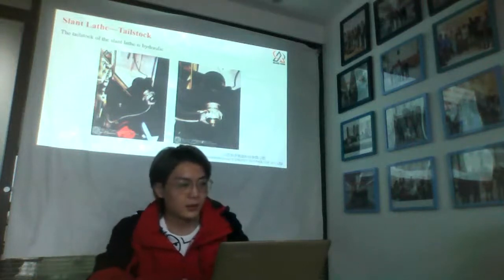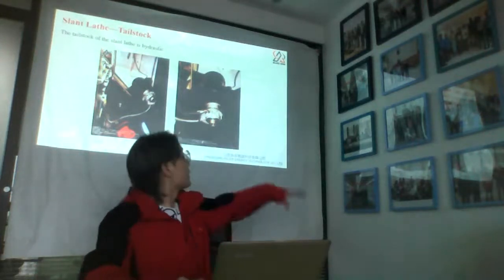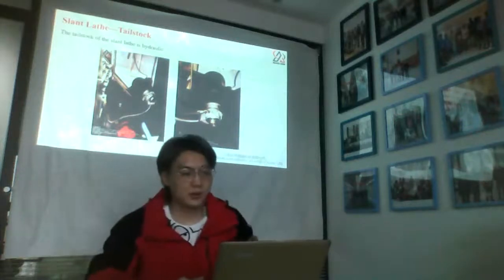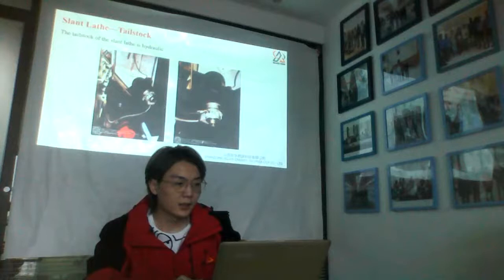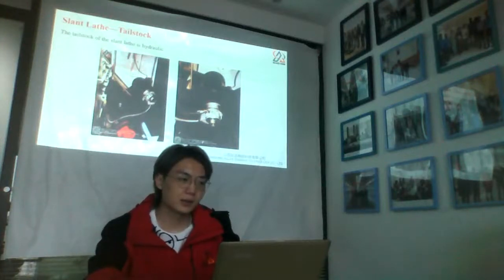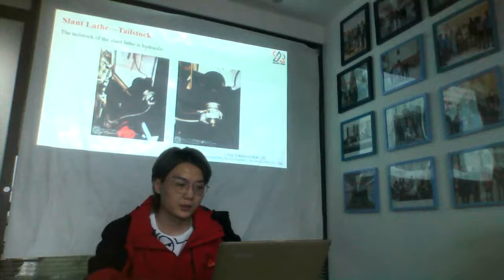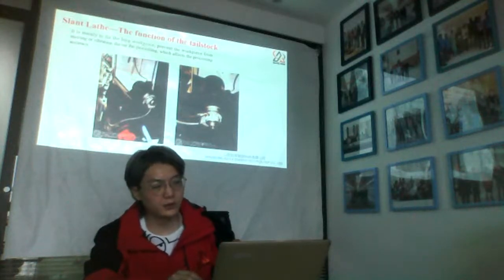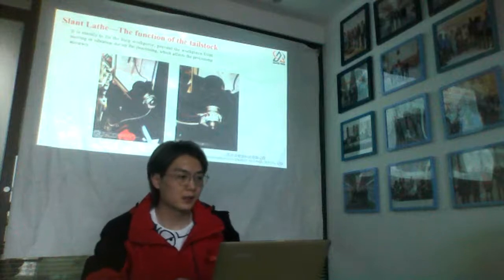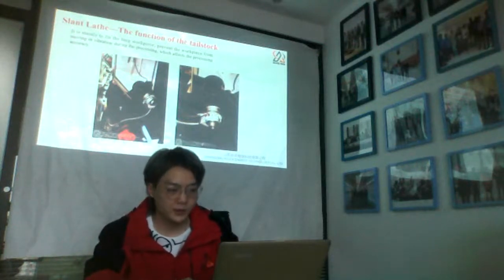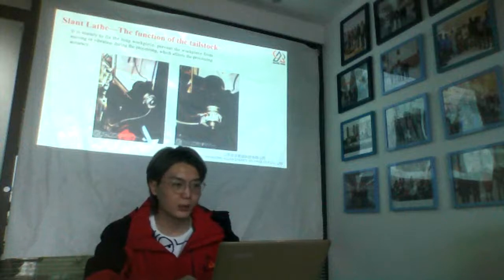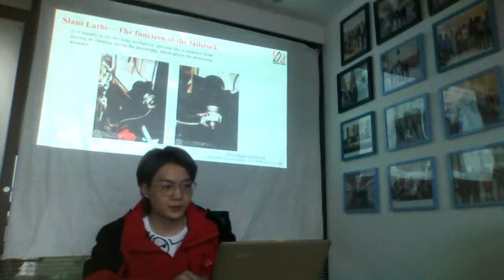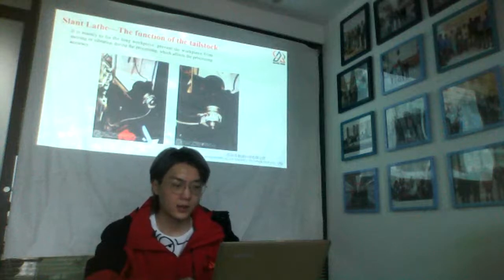And here is the tailstock. You can see the two pictures are our tailstock, and our slant tailstock is all hydraulic. The function of the tailstock is to fix the long workpiece and prevent the workpiece from moving or vibrating during the processing, which affects the processing accuracy.